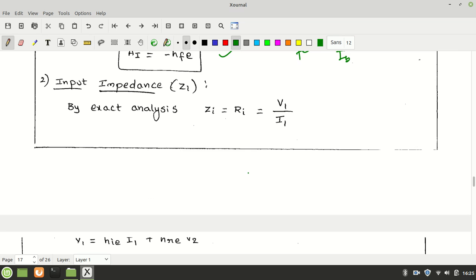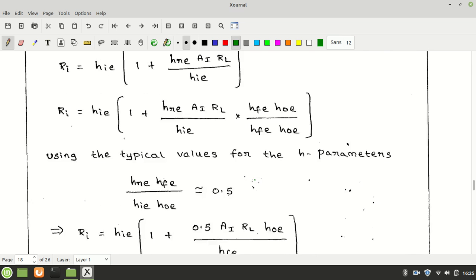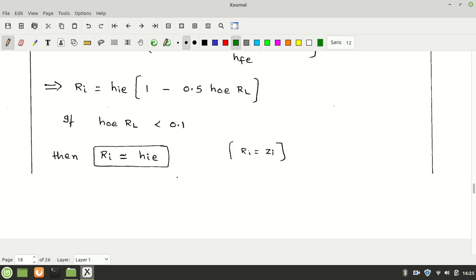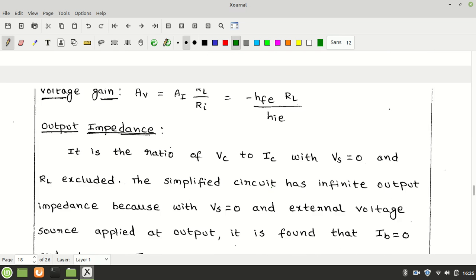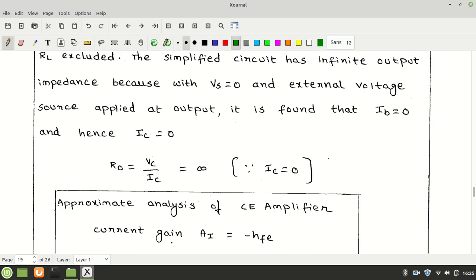Similarly, input impedance comes very naturally and very easily. All the values are approximated here, but very useful. Output impedance becomes infinity, and it is okay.